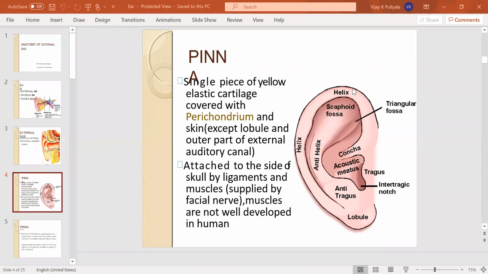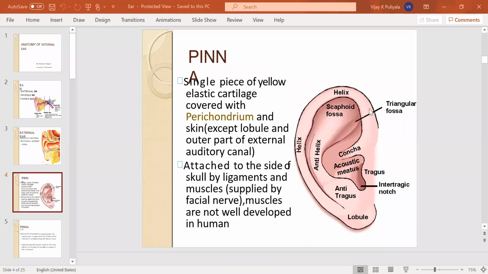The posterior descending limb of the helix sometimes presents a tubercle, called the Darwin tubercle.